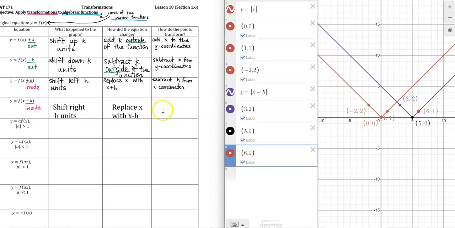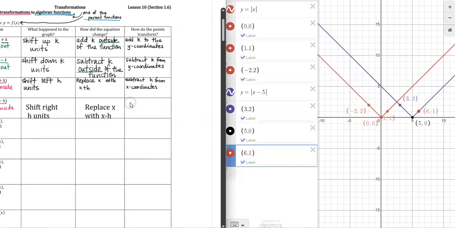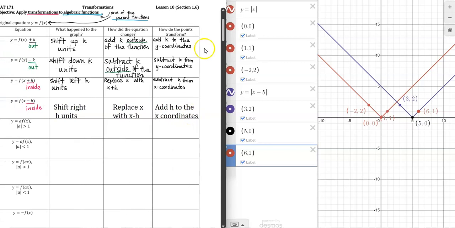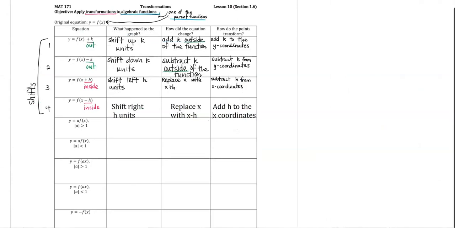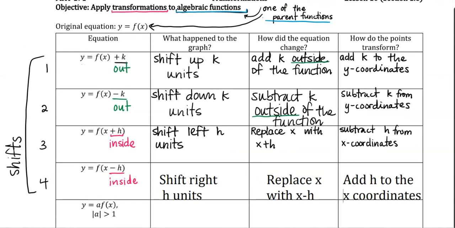So all of the points are moving to the right, and so how we're doing that is we are adding h to the x coordinates. So when we moved left, we subtracted h from the x coordinates, and when we moved right, we added h to the x coordinates. So these first 4 rows summarize all of the shifts up, down, right, or left that we can do to transform a graph.